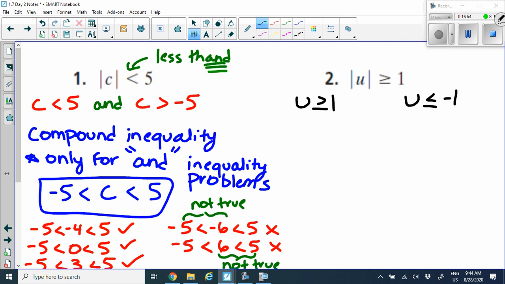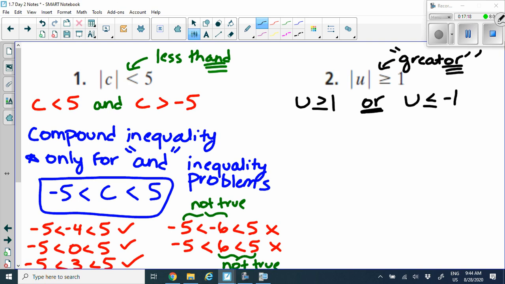Our next thing is to decide, is this an or an and problem? Let's look at the original inequality. This is a greater than inequality. So, because it's a greater than, this is an or problem.